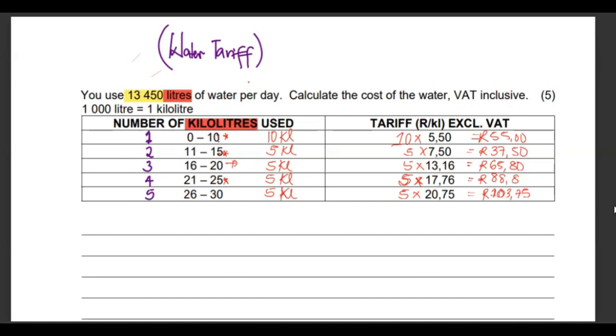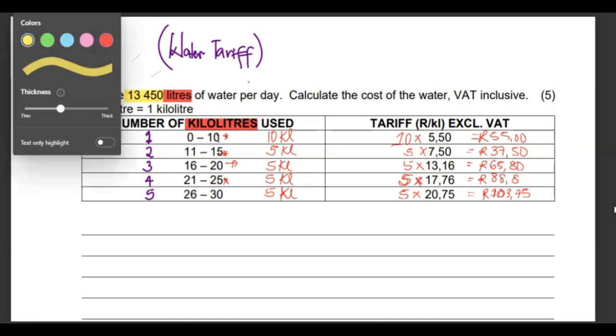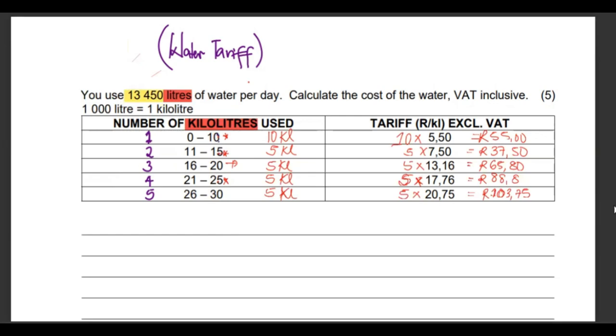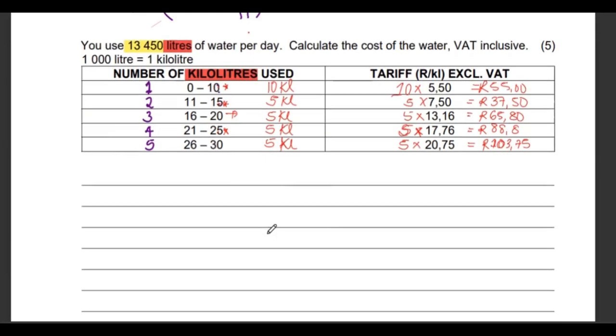So these liters have to change to kiloliters. What are we going to do? They have told you 1,000 liters equal 1 kiloliter. So we are going to take 13,450 liters divided by 1,000. What answer do you end up having?